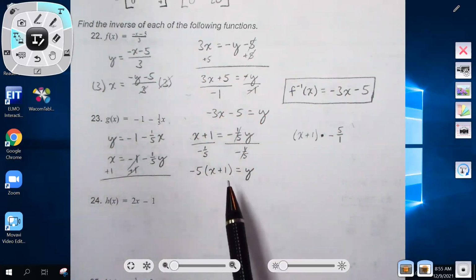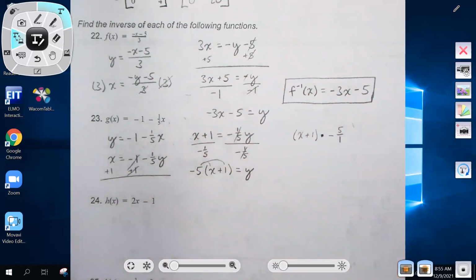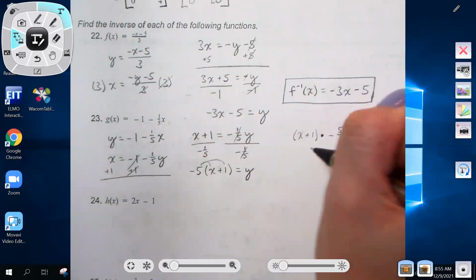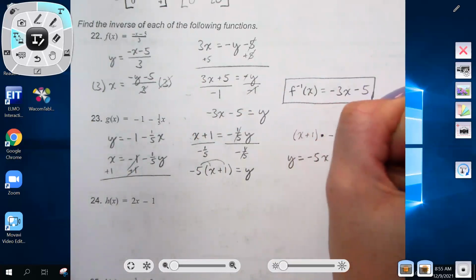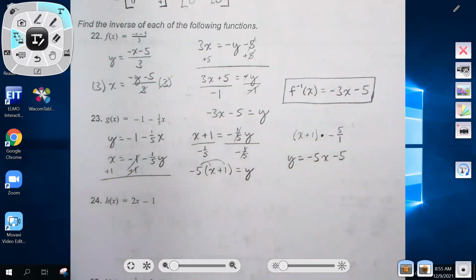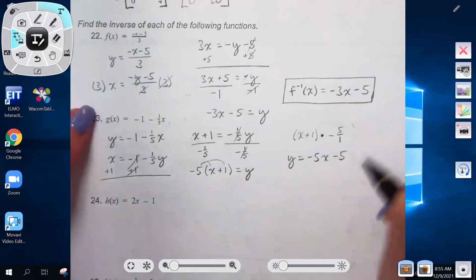If you leave it like this, I'm not going to count off. I'm going to go ahead and distribute the negative 5. So we get y equals negative 5x minus 5. Now we can change back to function notation.